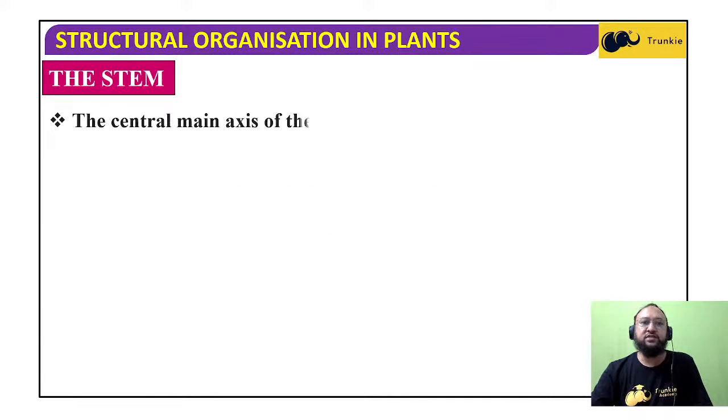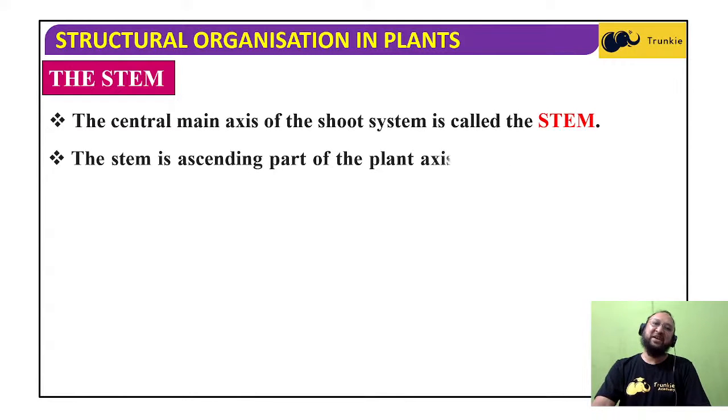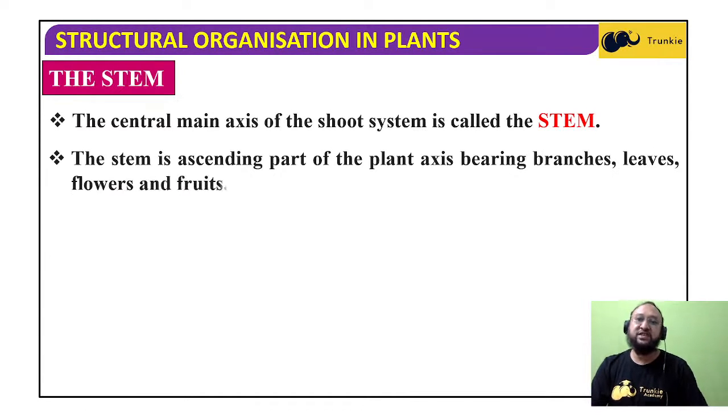Now the stem is actually the central main axis of the shoot system, and this is above the ground, okay. So when there is development of small seedlings from the germinating plants, a small precursor of the root is formed, and a precursor of the shoot is formed.